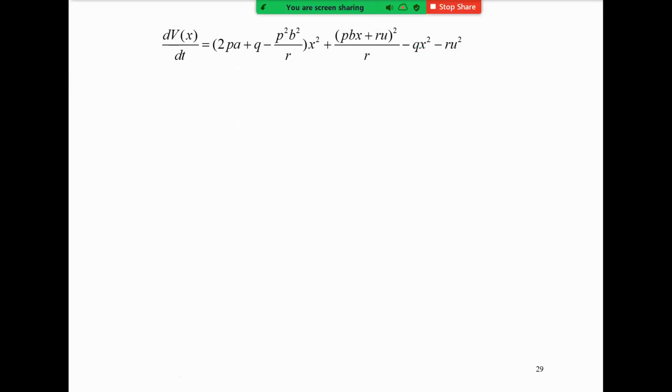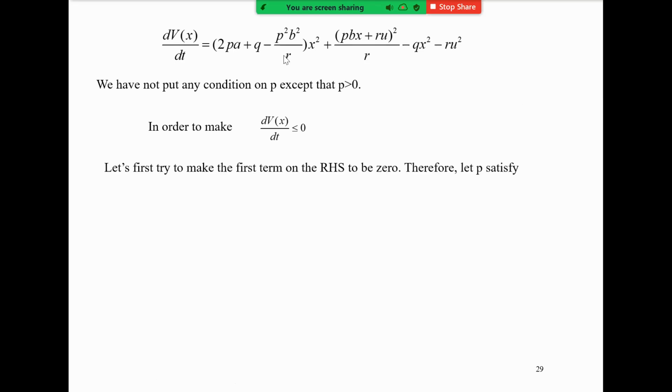Okay, now let's move on. So we haven't put any condition on p except we know that p has to be positive. In order to make the change rate of v negative or equal to 0, let's first make the first term on the right hand side to be 0, which means that we want p to satisfy this equation.